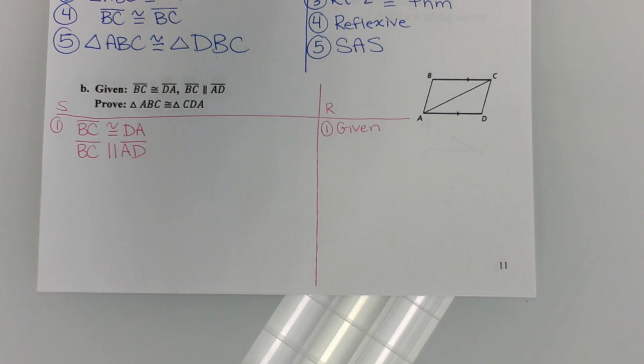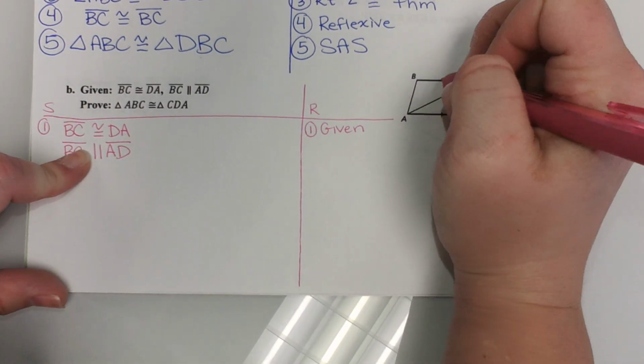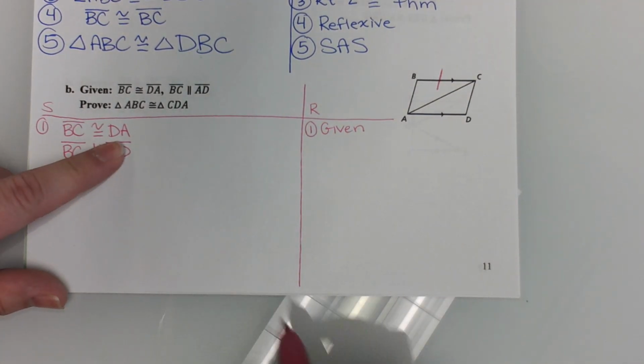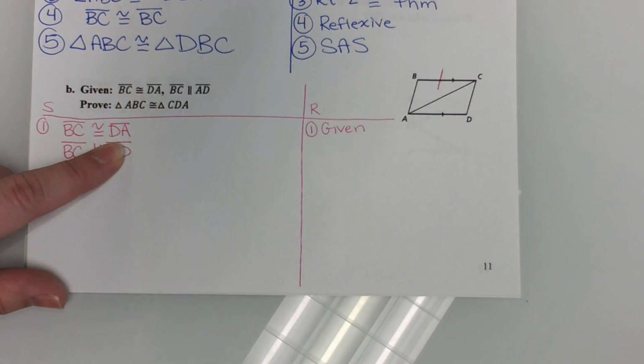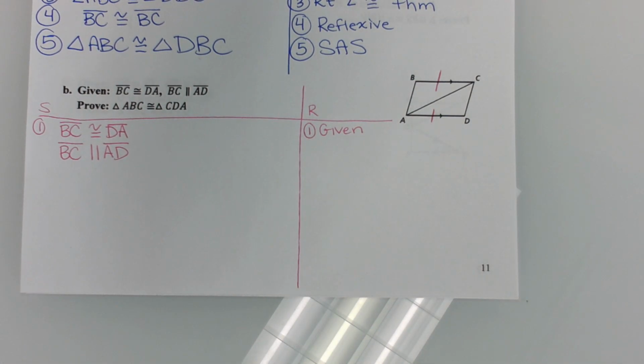Anytime it does, mark it in the picture. If you have congruencies, I want the picture marked. BC, that's that one, is congruent to DA. Oops, I forgot my bar. One congruent down. I need a total of 3, so 2 to go.